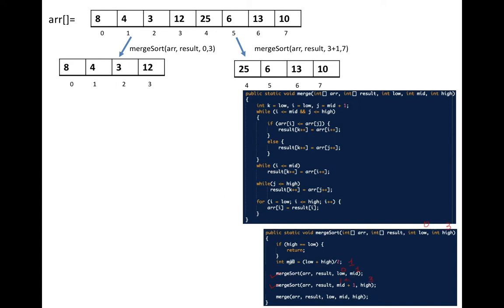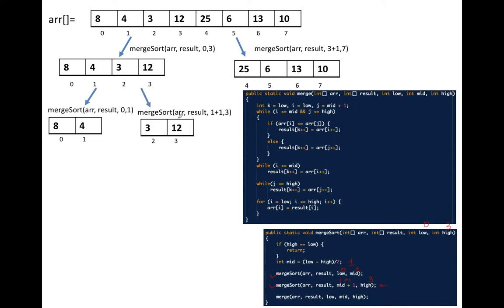Basically the first call will give me the left subarray, that is 8 and 4, array result 0 and 1, and this is the second recursive call, which will give me the right subarray, that is array result 1 plus 1 and 3. This 1 is nothing but the mid and the high is 3 right now. Of course we need to first process the first call because it is in recursion.